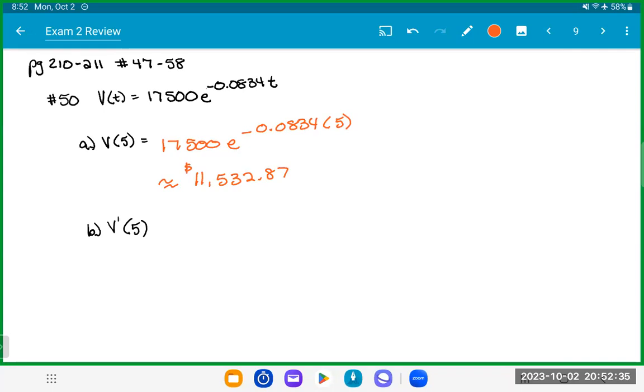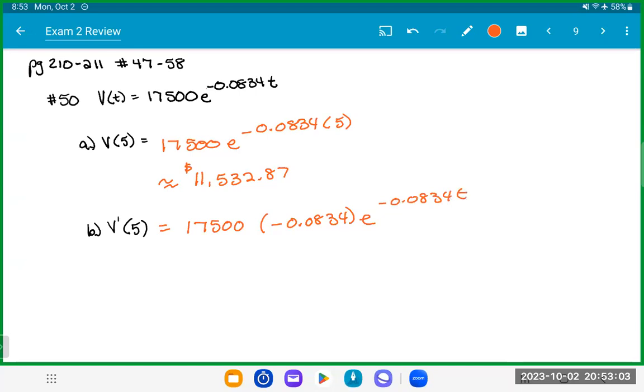So that means my equipment that was $17,500 when I purchased it, 5 years later is only worth $11,532. Okay. When I want to look at the rate of change, I need to do the derivative, right? So the derivative is going to be that 17,500 times my negative 0.0834 times e to the negative 0.0834 t.